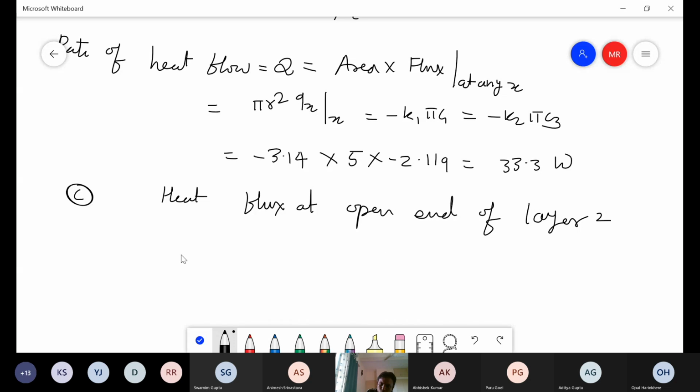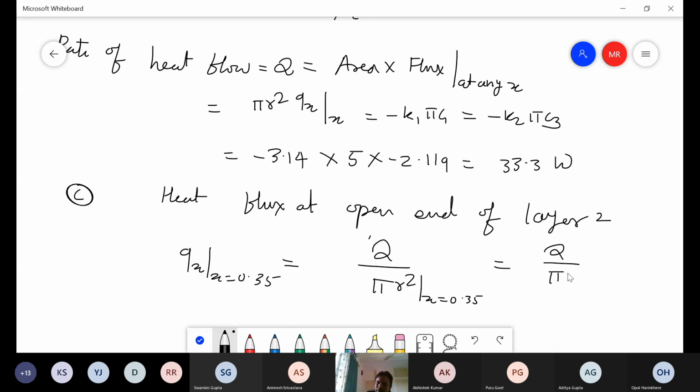So that means what we are interested in is Qx at x equals 0.35. That will be given by what? What is the heat flux? Q divided by area, so pi r square at x equals 0.35.